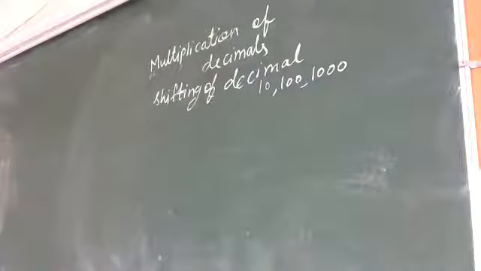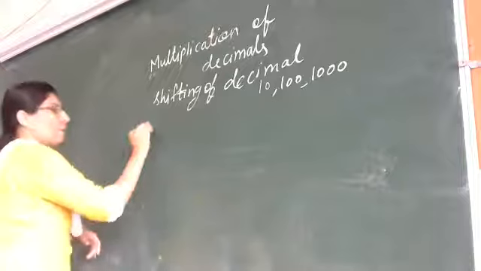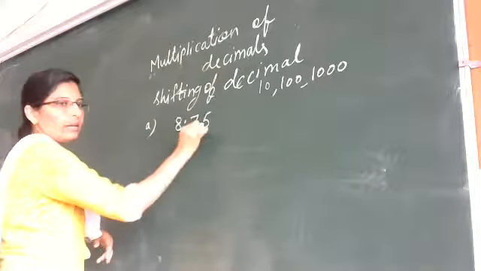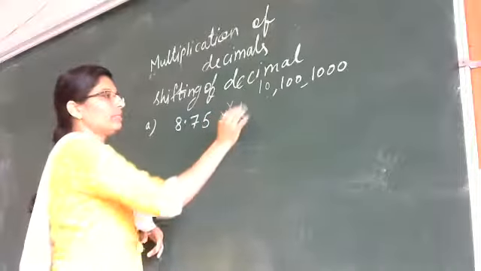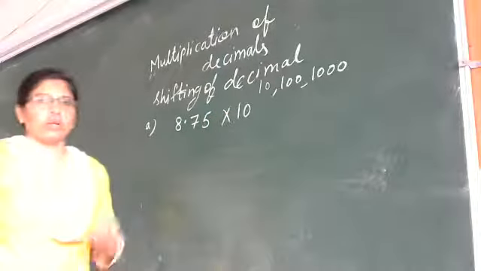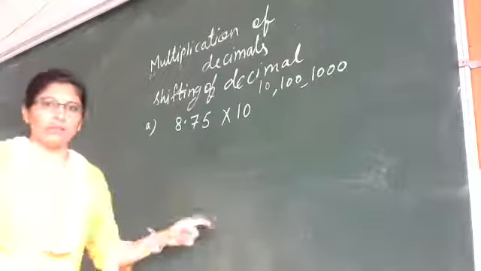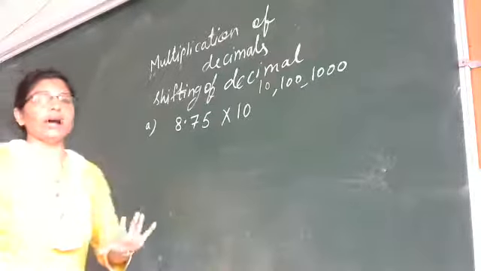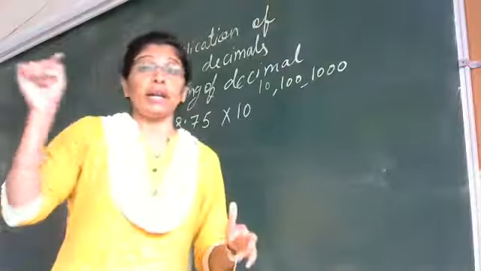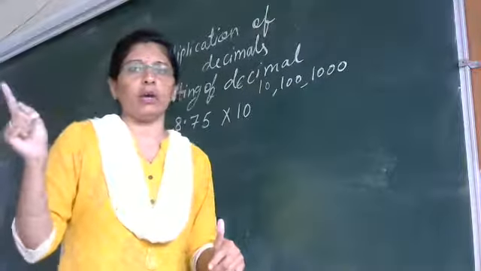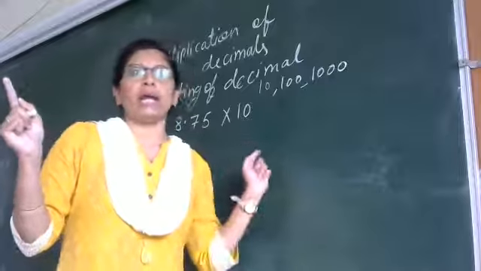See, I will tell you that method. For example, if I take 8.75 multiplied with 10, see carefully how to do. No need to multiply. Directly we can tell the answer.